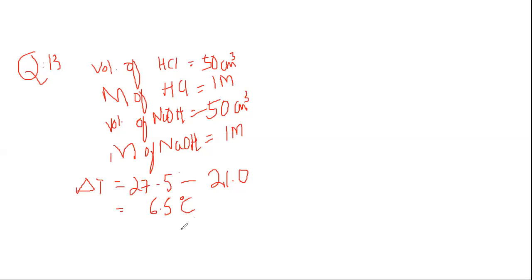Calculate the change of enthalpy per mole. The enthalpy change per mole, we have to calculate. The density of the solution to be considered is 1 gram per centimeter cube.